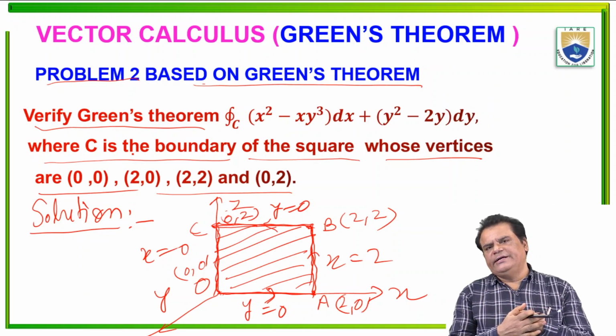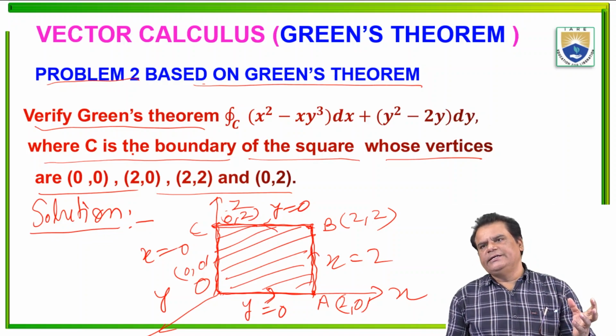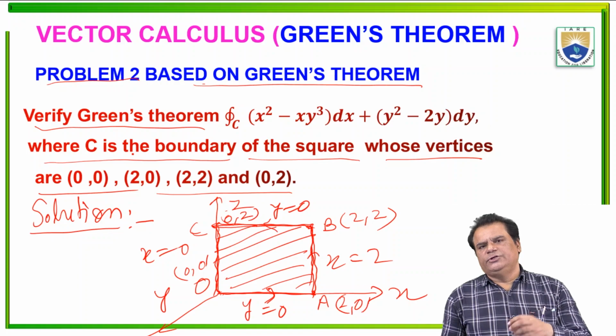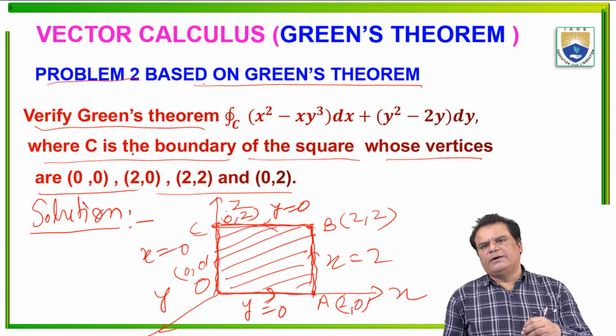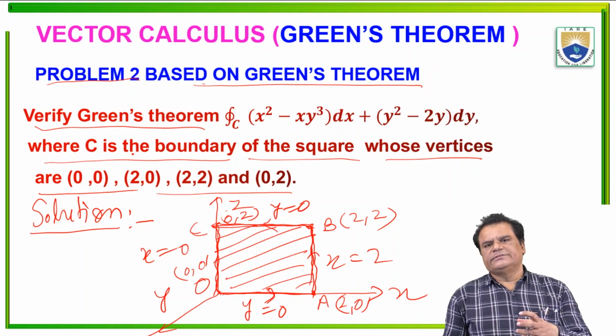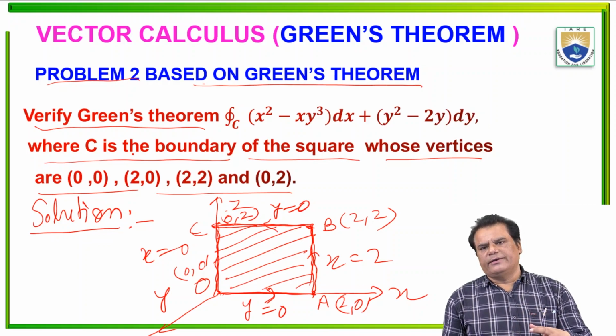First of all we find the value of the left hand side integral, that is the line integral. The square is given by vertices 0,0, 2,0, 2,2 and 0,2. These are 4 vertices, length and breadth are same, so the curve is a square.